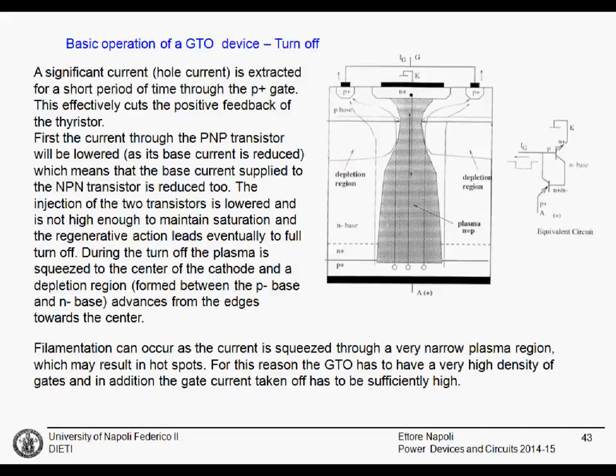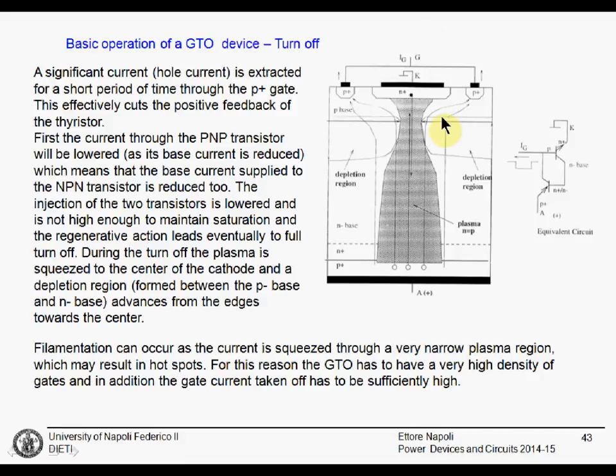Turning off the device. There is a hole current that is extracted from the P+ gate. This is able to cut the positive feedback of the thyristor.